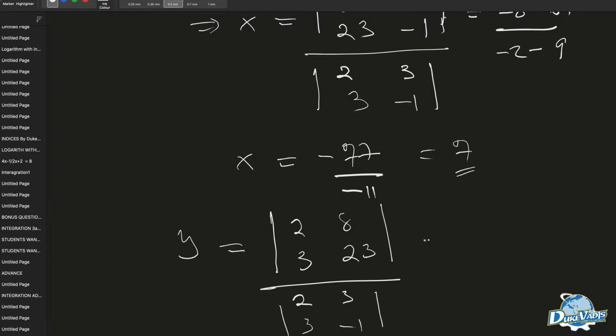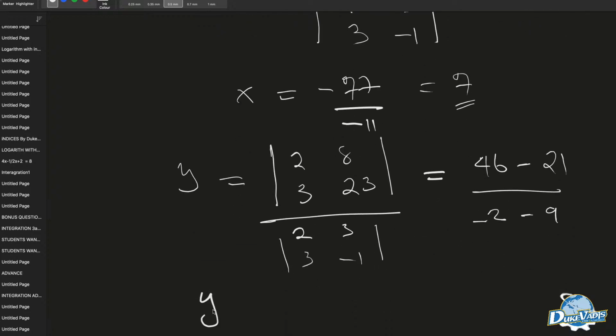When we compute this, the first one will be 46, and this minus 24, all over -2 minus 9.